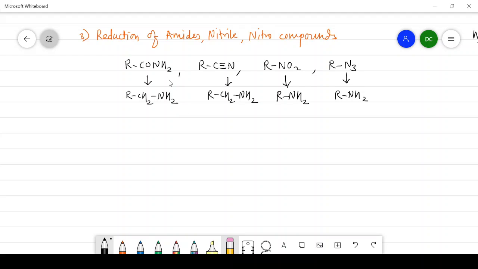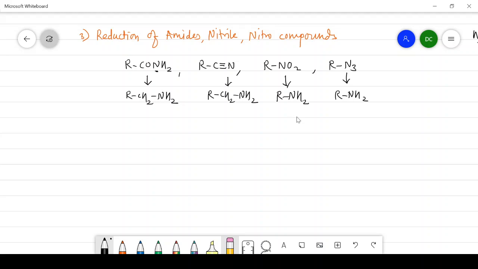Though this amide contains C double bond O, there is the presence of nitrogen, so this CO group is converted into CH2, not into alcohol. This is the characteristic of lithium aluminum hydride. Amide is converted into amino group. Nitrile is converted into amino. The NO2 group is converted into amino in the case of aliphatic nitro compounds.